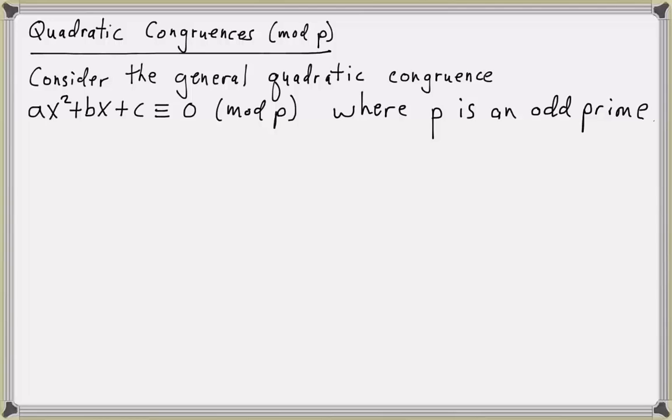I'm further going to assume that a is not divisible by p, so a is not congruent to 0 mod p. I need this condition on a so that I can multiply by the inverse of a. So I'm going to rewrite this congruence by completing the square.